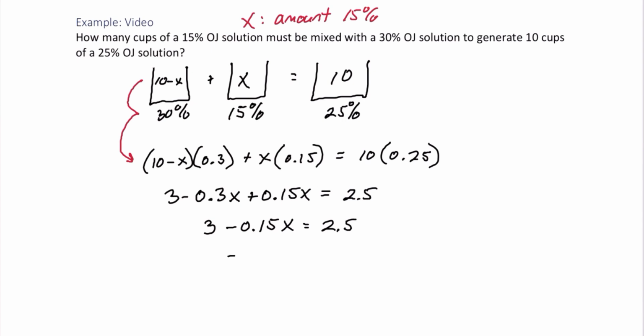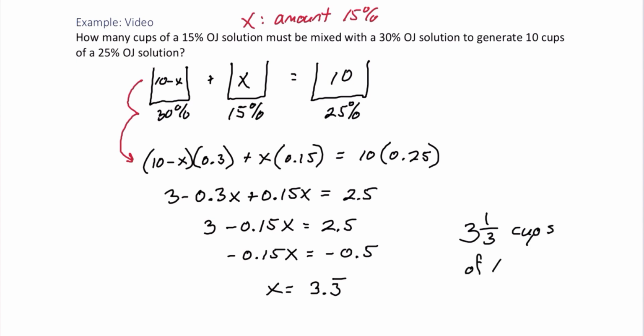Subtract 3 on both sides. And finally, divide by negative 0.15 on both sides. We get x is 3.3, repeating. That means we can write that as 3 1/3 cups of the 15% solution.